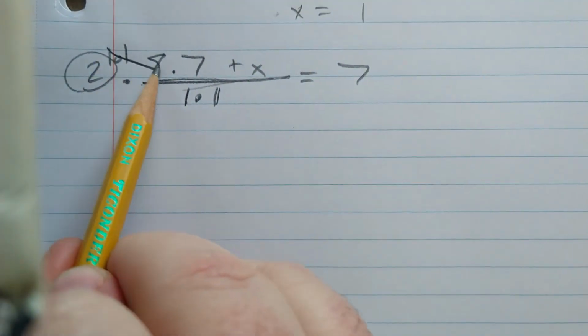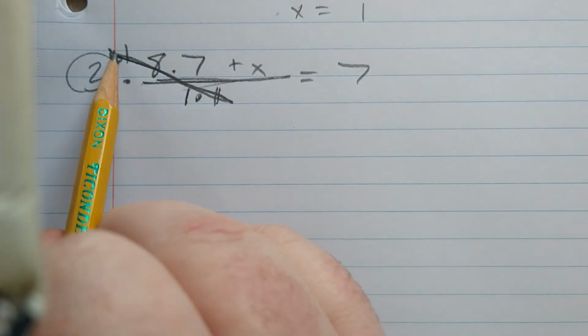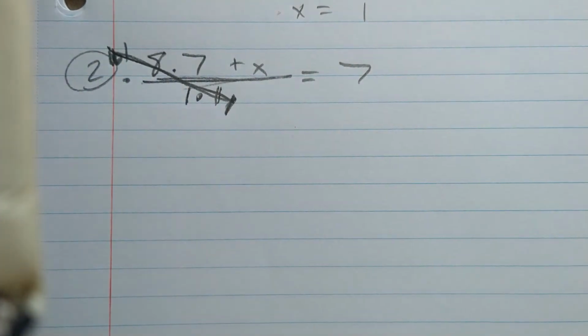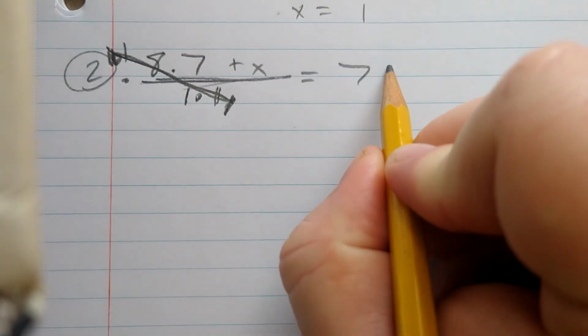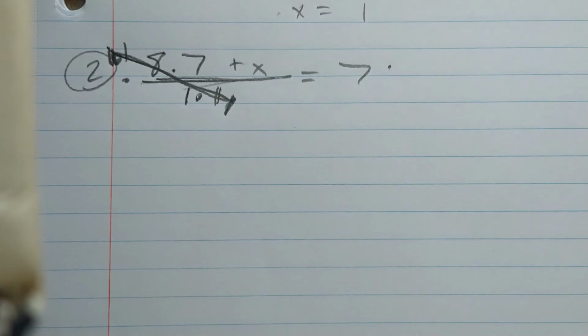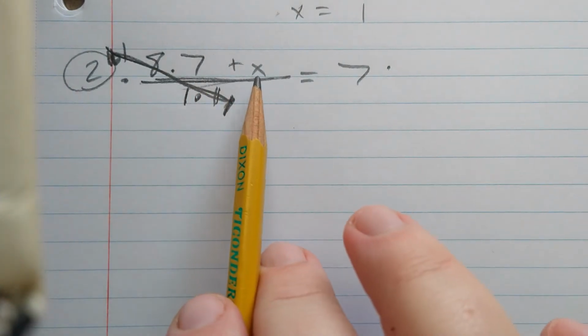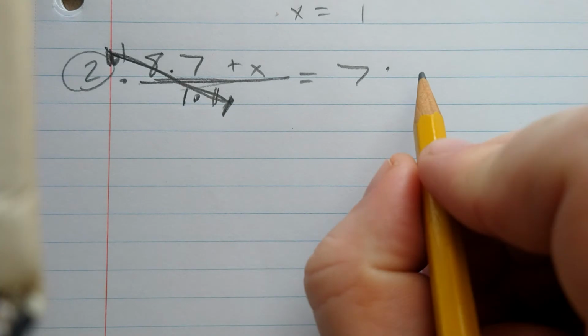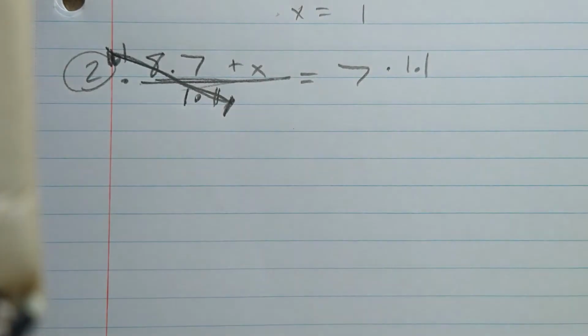And 1.1 over 1.1 is not actually allowed in math, but we don't care. You can't have a decimal over a decimal in a fraction, but we don't care because it makes 1. Now I'm going to multiply the opposite side of the equation, because anytime I do something to isolate over here, I have to repeat the procedure on this side.